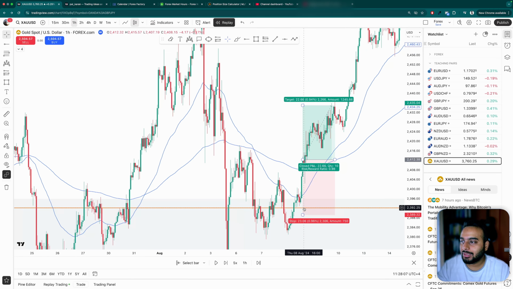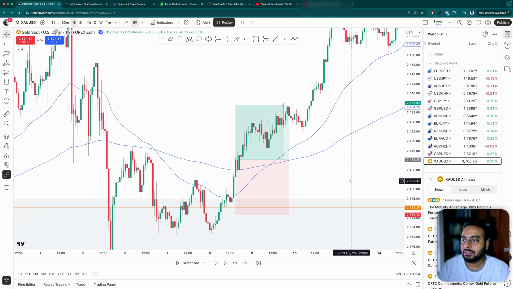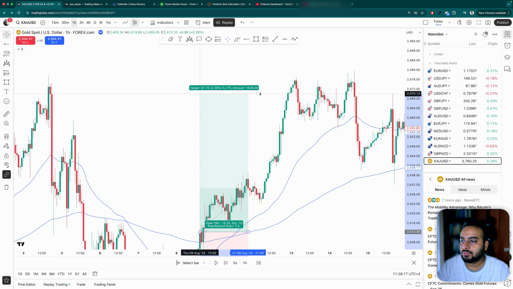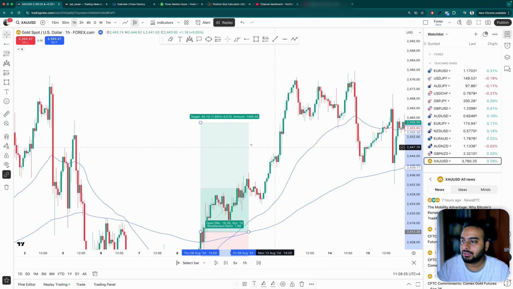If the price comes back, I would like to see some kind of rejection here because the price has rejected from here and then moved up. And then we can continue this up to again 1 is to 2. And if you would close around this level, that's exactly 1 is to 2. Okay, let's say this one 1.98, almost 2, that's fine as well.